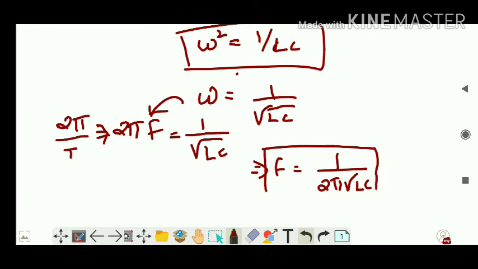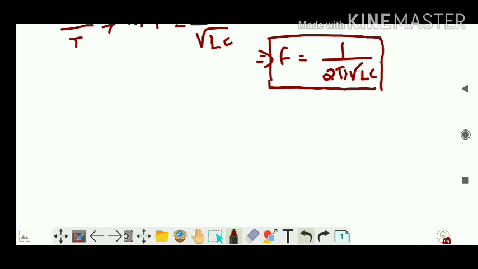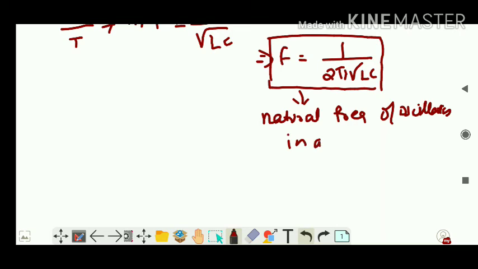This expression is the expression for natural frequency of oscillation in an LC circuit. Clear?